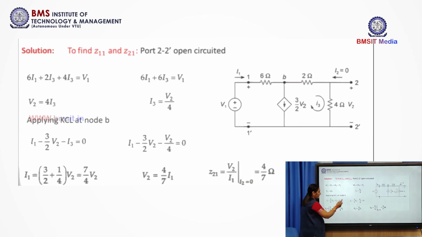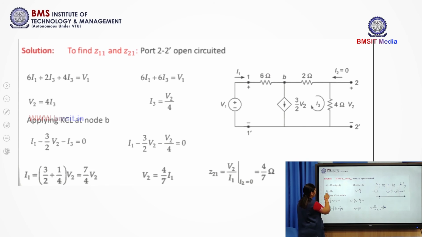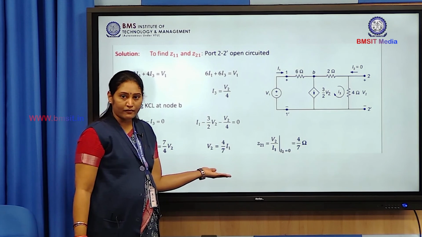We can substitute I3, which is V2 by 4, in this equation, and it simplifies to V2 equal to 4 by 7 I1.